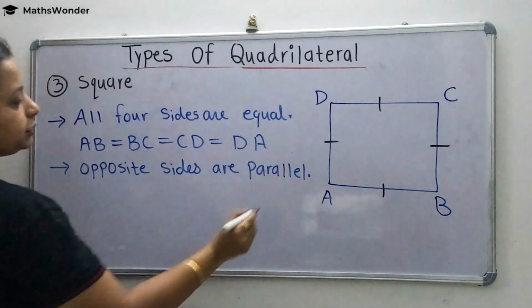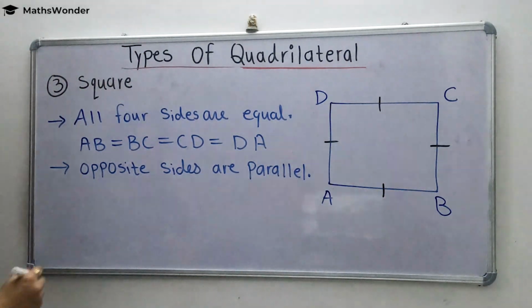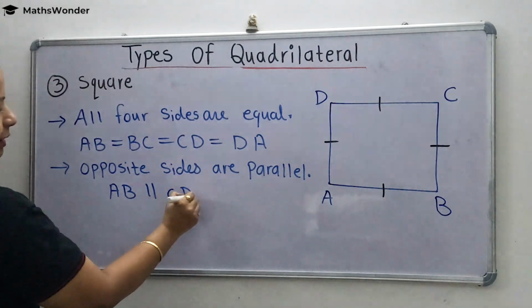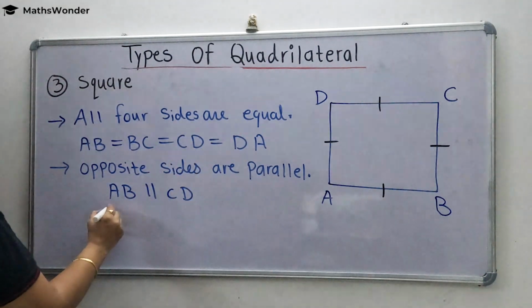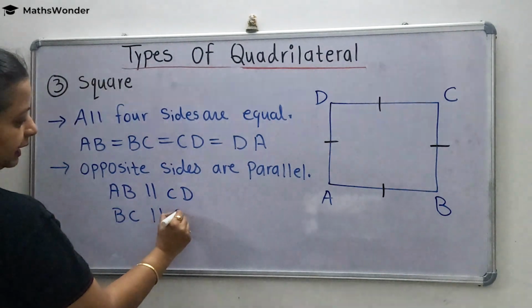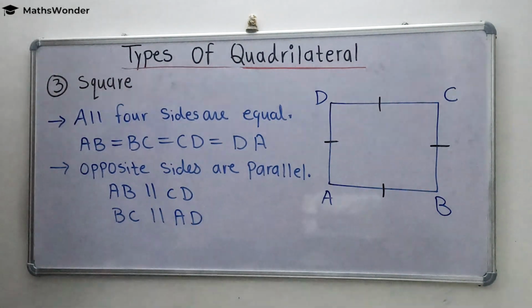How will you represent? AB is parallel to CD because it's a part of a parallelogram. And BC is parallel to AD. This is the second property.